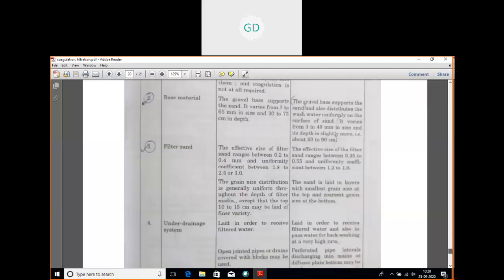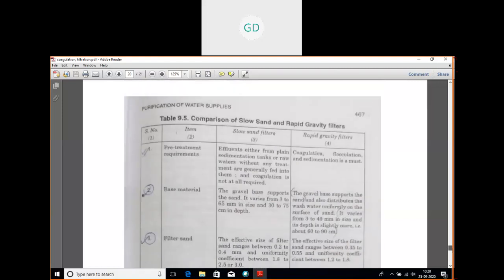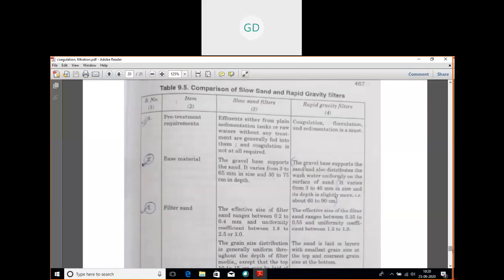In the exam, it might not come like this, that compare slow sand filter and rapid gravity filters. But sometimes it might come like: differentiate between slow sand and rapid gravity filters on the basis of base material. Clear?